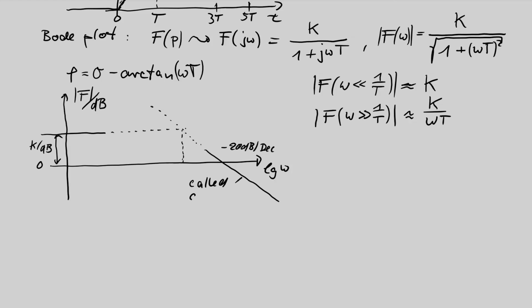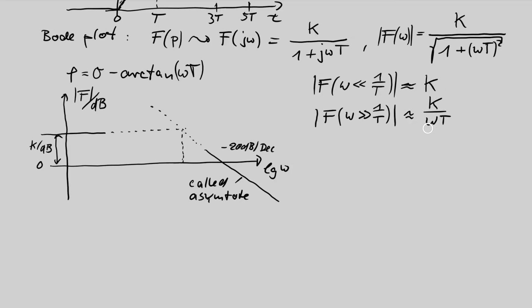So this is an asymptotical construction. We have here an asymptote, here an asymptote. The crossing point is interesting. That is the point where this is equal to this, the low frequency asymptotical curve and the high frequency asymptotical curve.